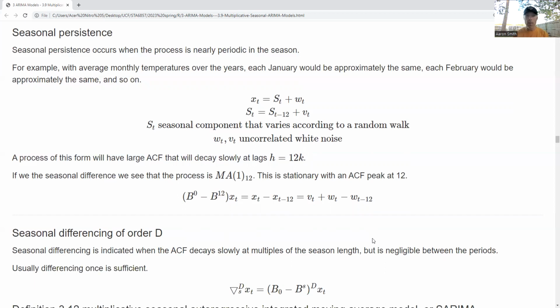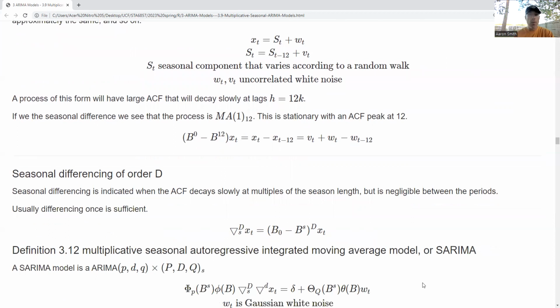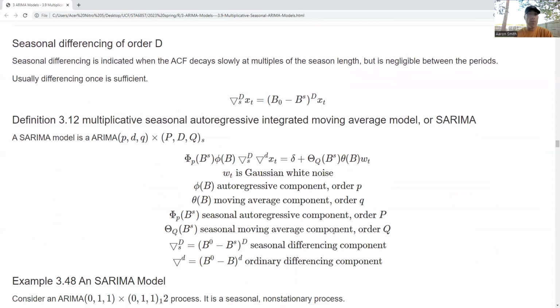When we're trying to spot this, we need to have negligible ACF between the seasonal aspects. And so here's how we'll write out seasonal differencing of degree D. Usually in most real-life processes, differencing of degree 1 is sufficient.